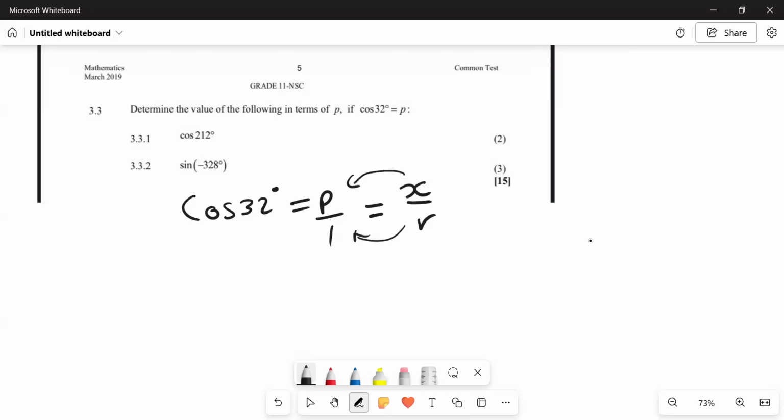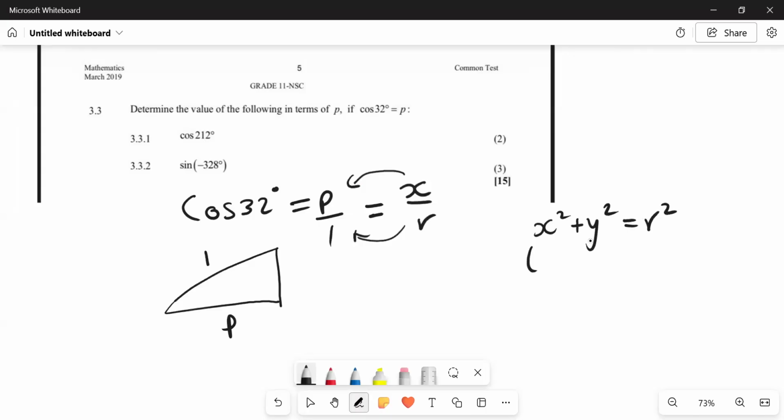Now, let's use the Pythagoras theorem. Draw your triangle there. You have your p, you have your 1. Pythagoras theorem is x squared plus y squared equals r squared. What is your x? Your x is p.